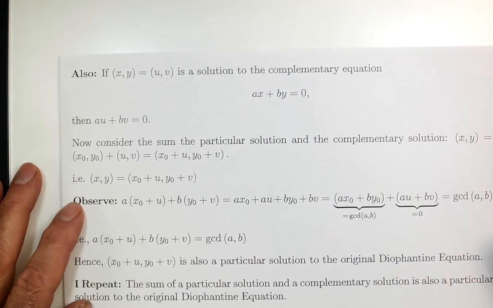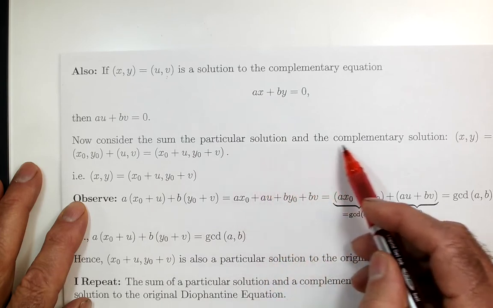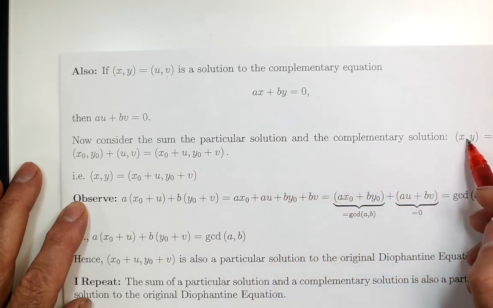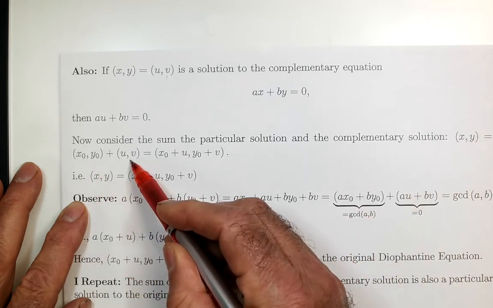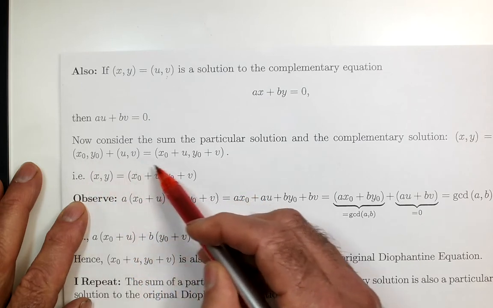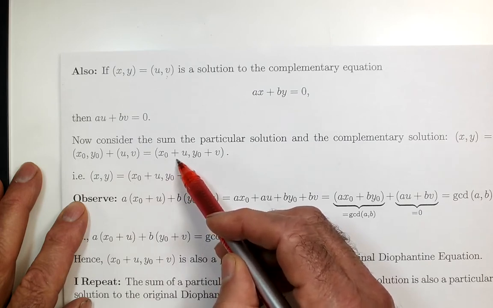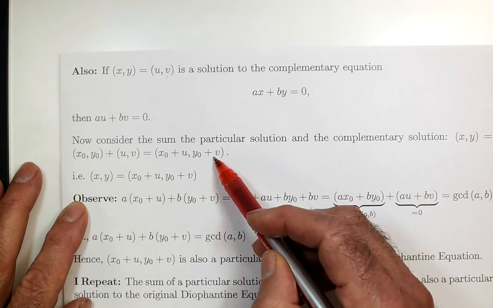Now, consider what happens when we compute the sum of the particular solution and the complementary solution. We have (x, y) equals particular solution plus complementary solution. If we add these component-wise, we get x naught plus u for the x component, and y naught plus v for the y component.